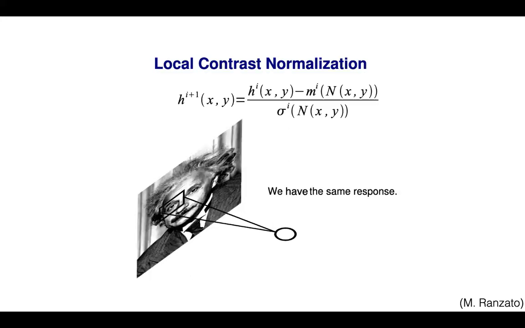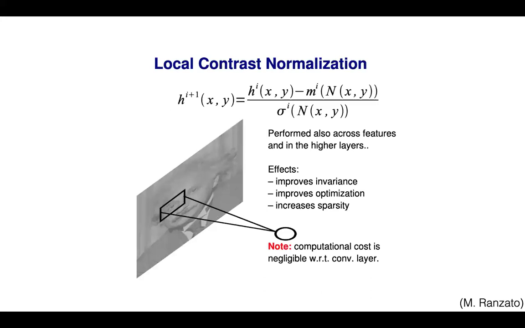And so this gives a photometric invariance, and basically when we apply the convolutions, we are going to have the same response to signals that have different types of illuminations.